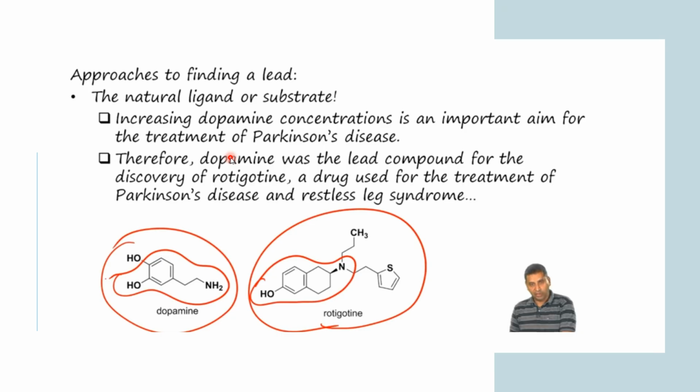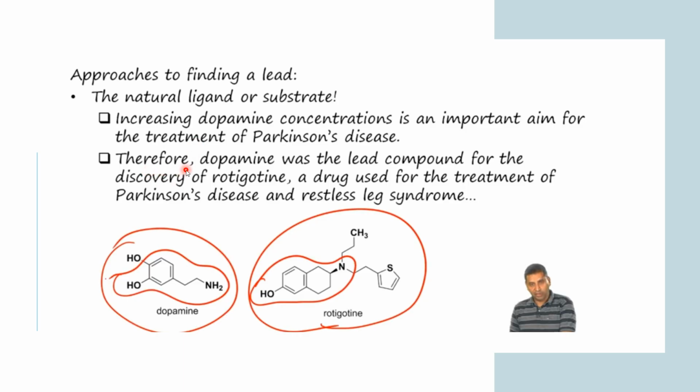But increasing the doses of dopamine is not preferable. So that is why you can see that dopamine is a lead compound, and from there you have to reach a compound which is more active, less toxic, and has fewer adverse effects.